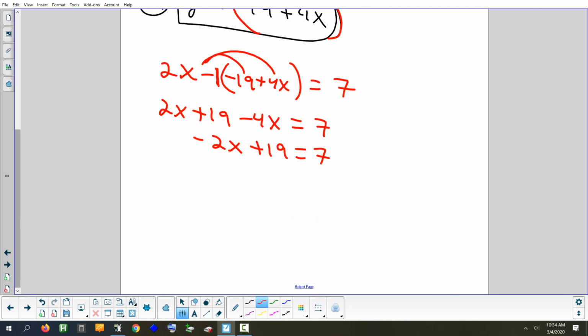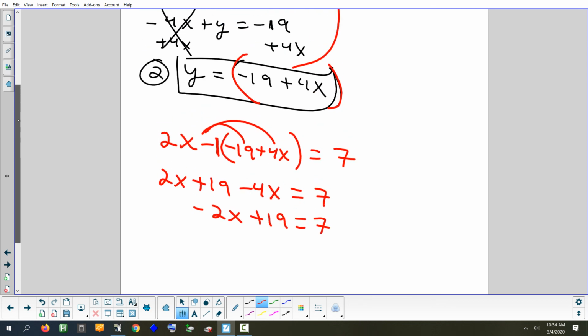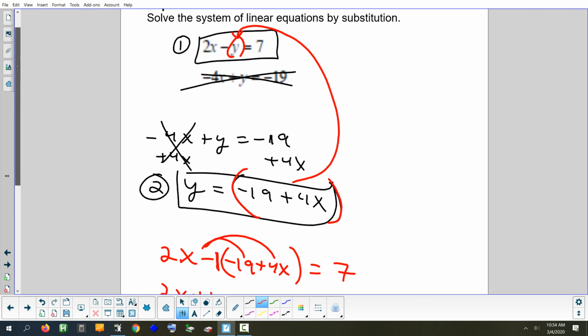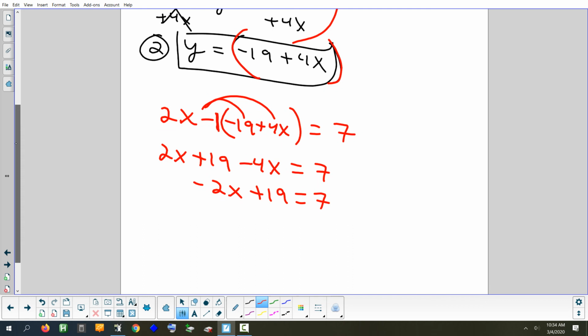2 steps left. Was it originally negative 7? No. Positive 7. What's my second to last step? Subtract 19. Subtract 19, that's gone.